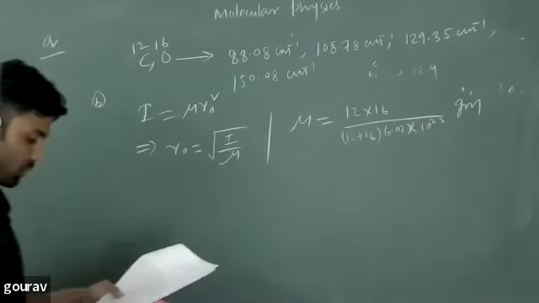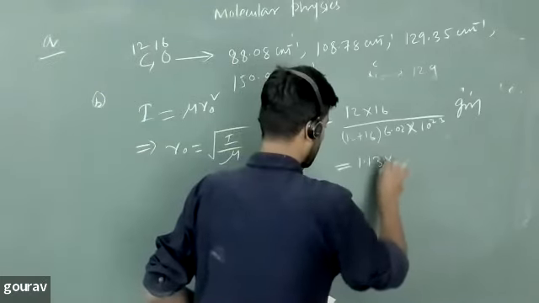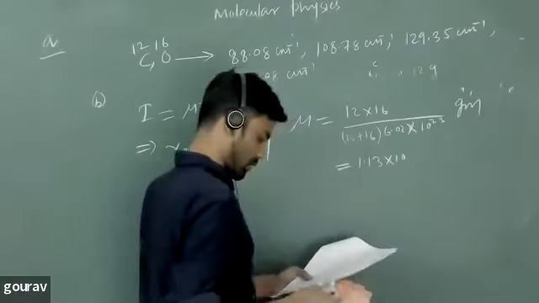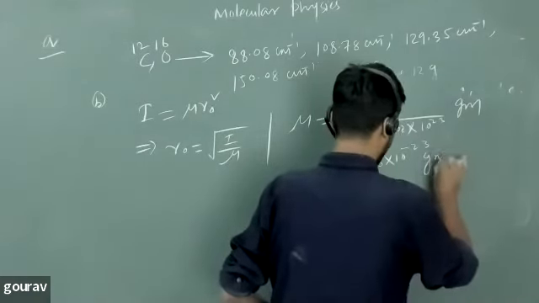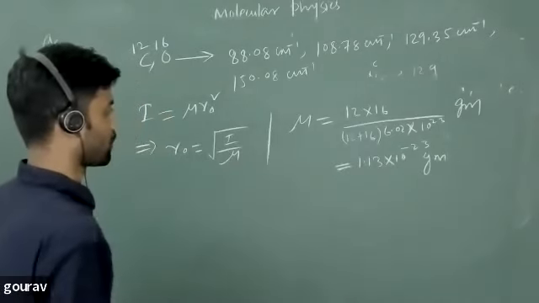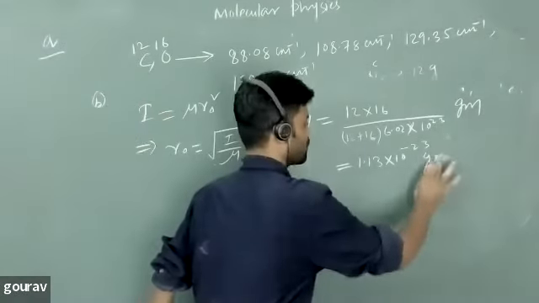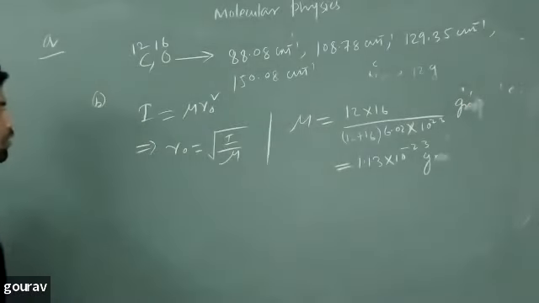If you calculate it, you will get 1.13 into 10 to the power minus 23 gram.